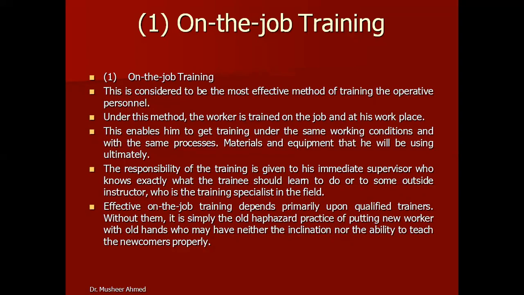But if you are trained by a person who is not very well aware about the job or about the methods of doing that particular job, then what will he teach you, right? What learning will you be gaining out of it? So the learning will almost be zero, and obviously there will be no advantage for you as far as that training is concerned. So the trainer should be a qualified one who should be able to guide you, who should be able to give you the required input so that you may be able to contribute your level best to your job, right?